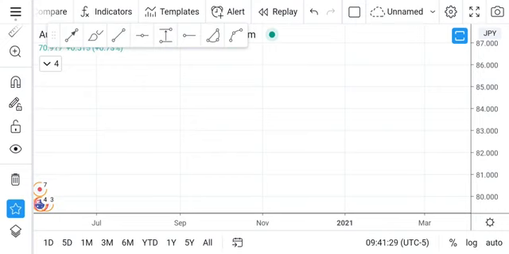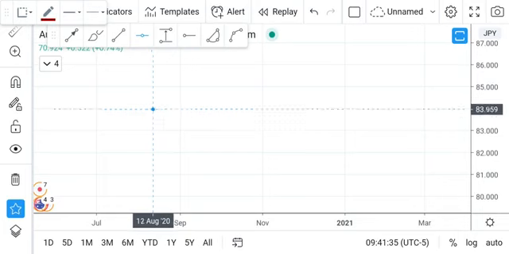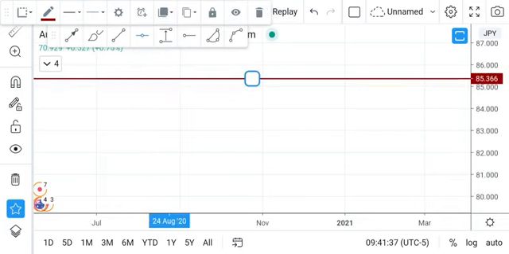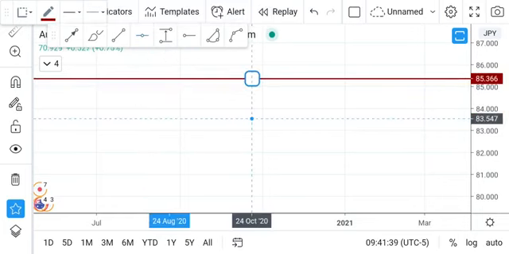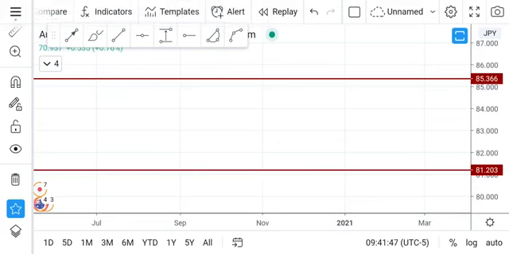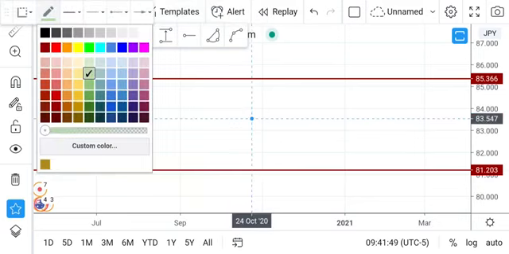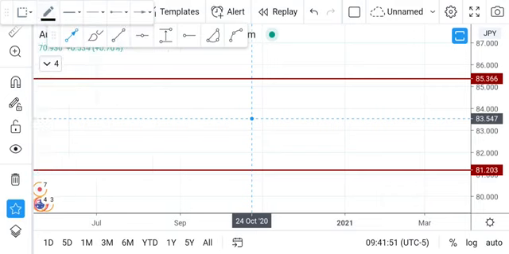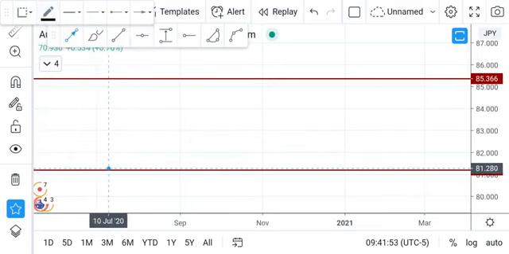So the first one I'm going to talk about right now is the double top chart pattern. For the double top chart pattern, let's say you have a resistance over here and you have support over here. Resistance, support. So for double top, price is just going to move.